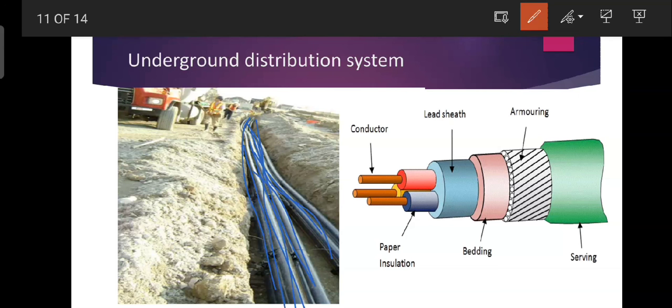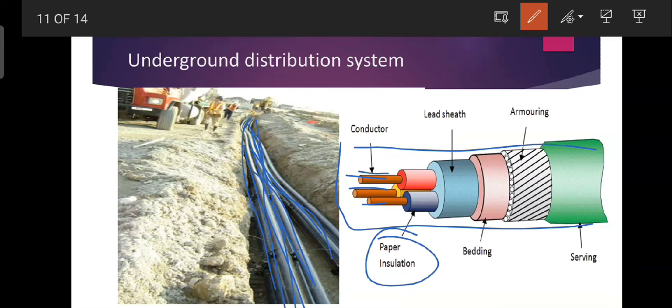So this is our cable, made up of this. Firstly, one conductor is placed over here, and the conductor is covered with paper insulation for our insulation purposes, and for protection against mechanical damage, lead sheath, bedding and armoring are used one by one, step by step.